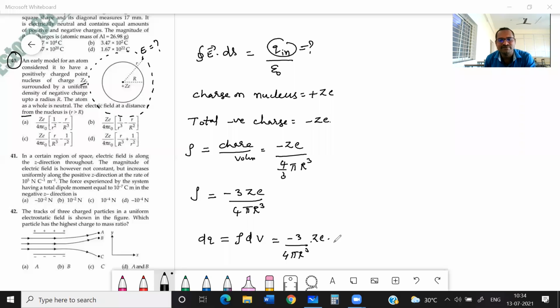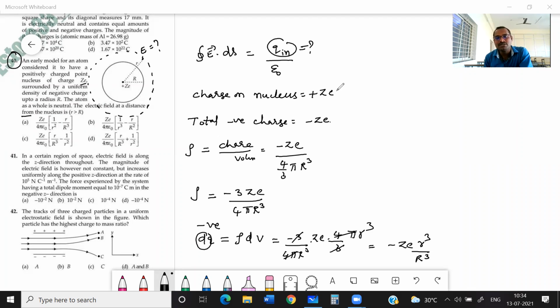Volume of this Gaussian spherical surface, 4 by 3 pi small r cube. Yes. 4 pi cancel, 3 cancel. You will get minus Ze into small r cube by capital R cube. This is the negative charge which is present within this Gaussian surface.